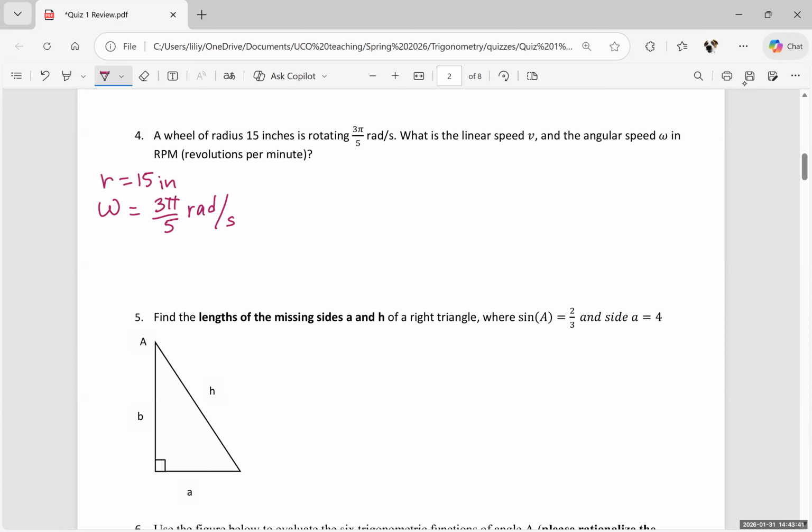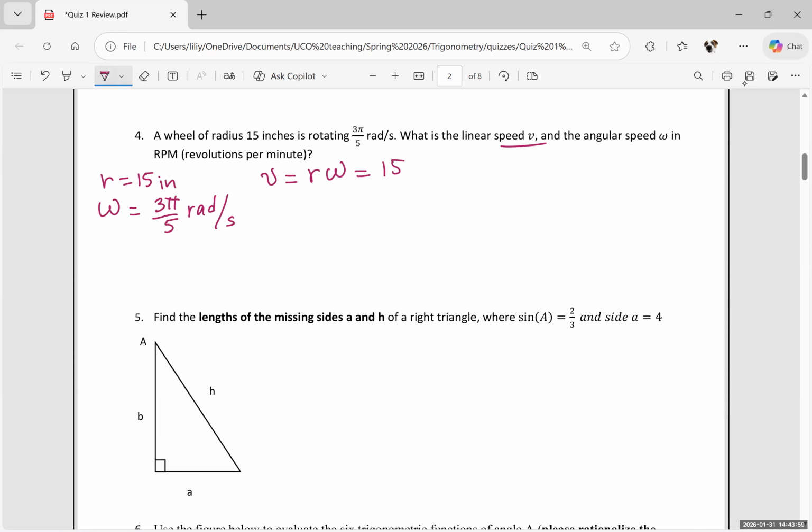We'll start with the linear speed because our omega is in the correct units to find the linear speed. V equals R omega, where omega has to be in radians per second.